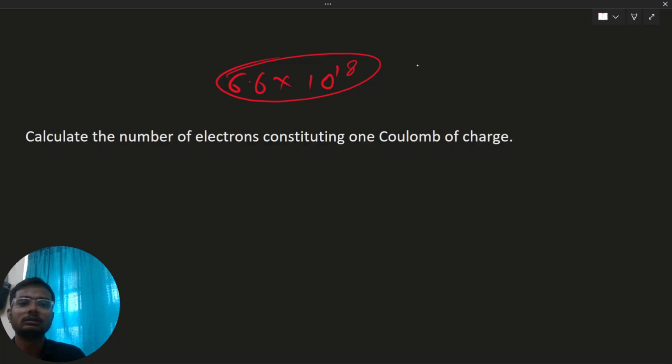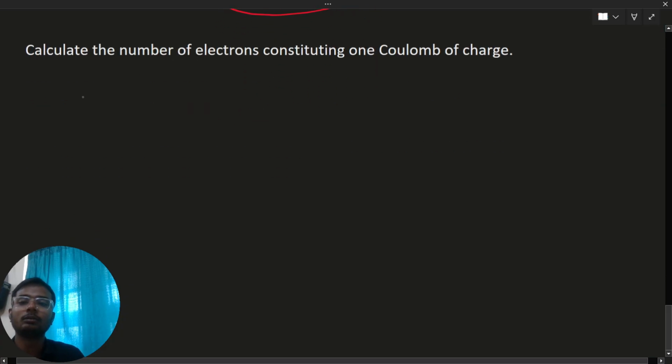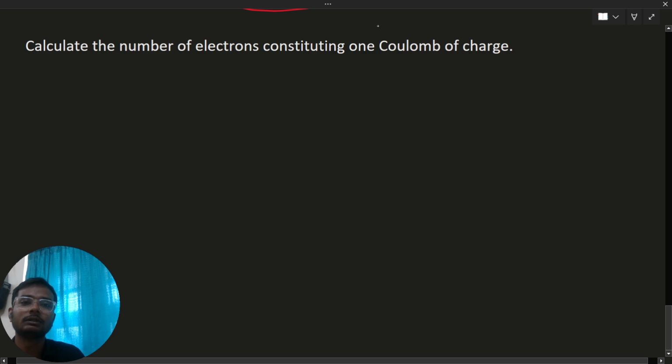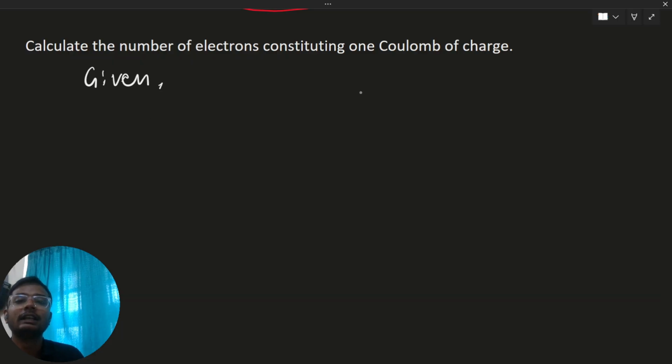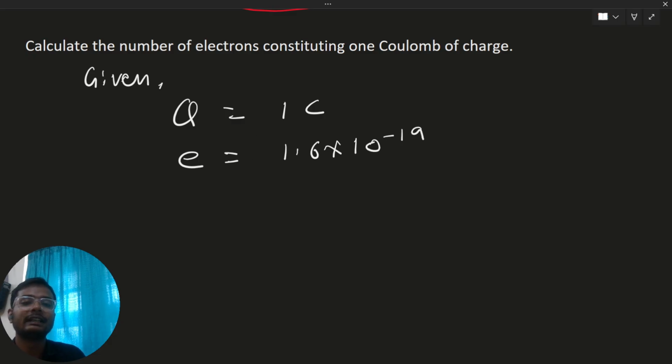Okay, this is fine. So see what all things are given. By the process we will go. The first thing given is the total charge, means the Q value is given as 1 coulomb. We already know that the charge on one electron is 1.6 into 10 to the power minus 19 coulomb.